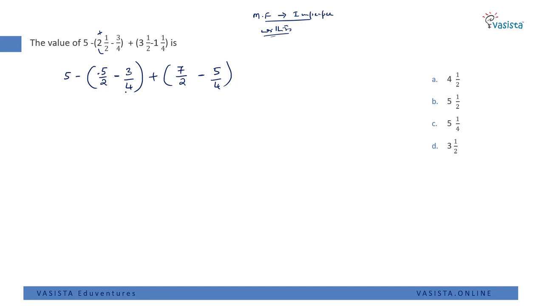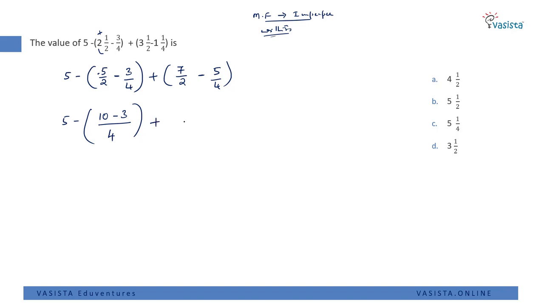Now simplify within the bracket. That is 5 minus, here I need to take an LCM for 2 and 4. The LCM is 4. So 2 2s are, 2 into 5 is 10, minus 3, 4 1s are 4, 1 into 3 is 3.